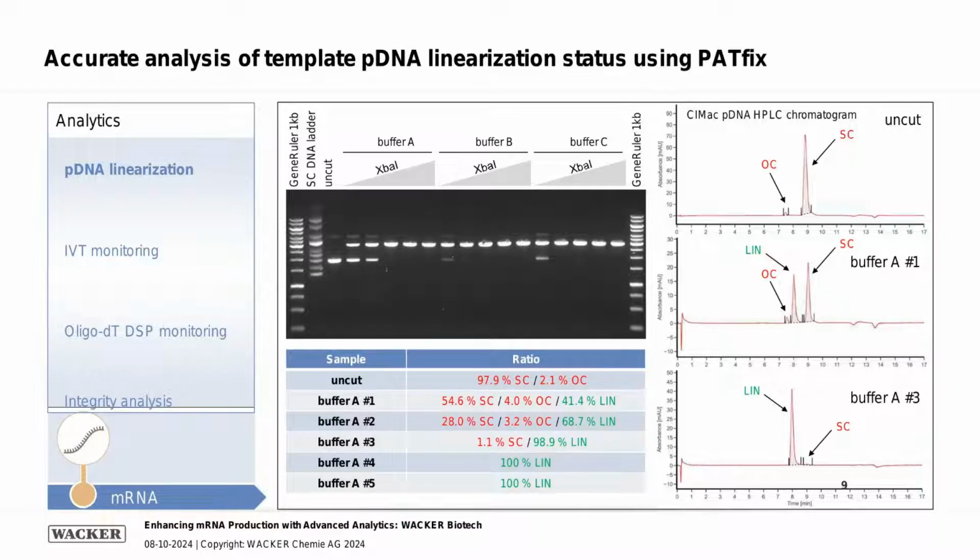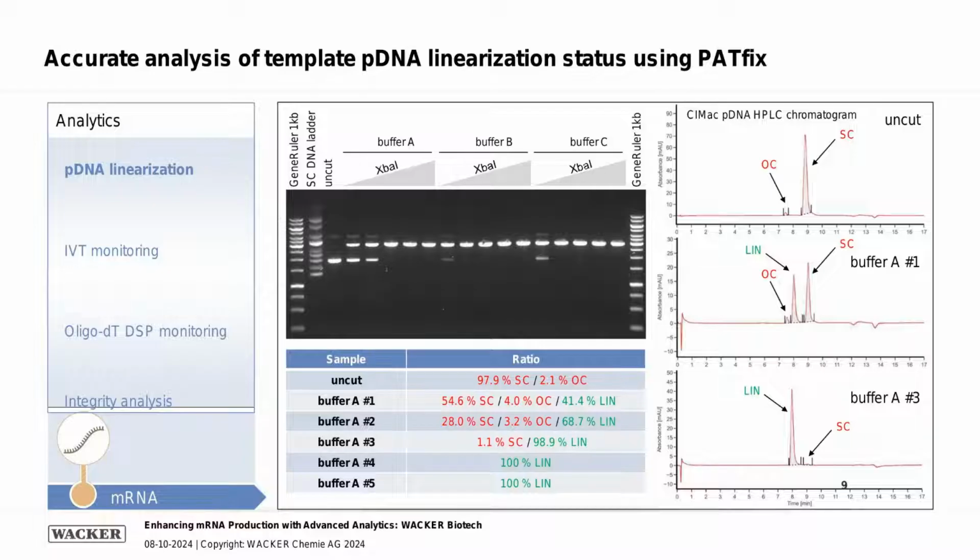So I would like to do a short excursus to plasmid DNA, and more specifically, the plasmid DNA that is to be linearized as a template for mRNA production. So here we have tested different buffer compositions for linearizing pDNA with XbaI enzyme.